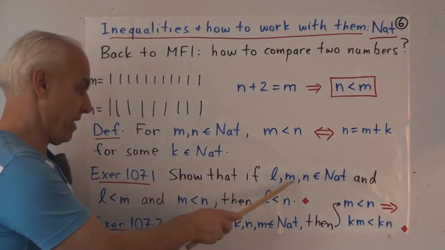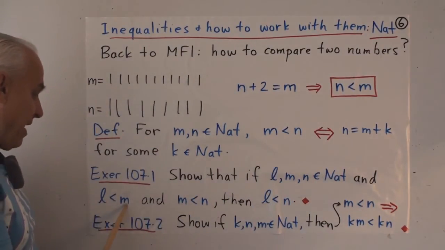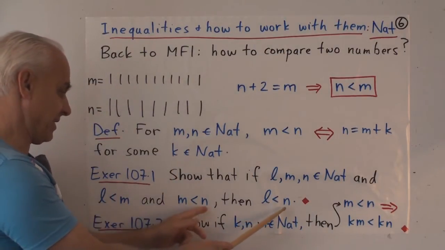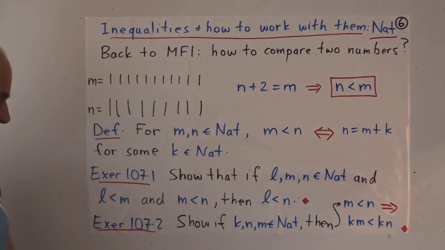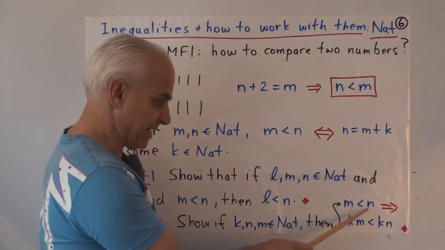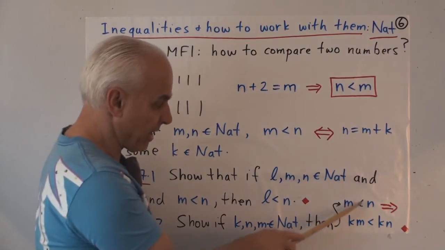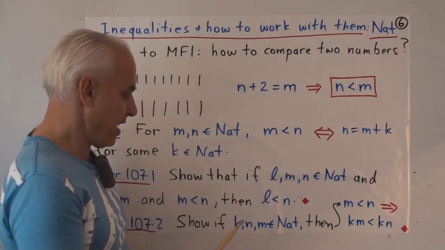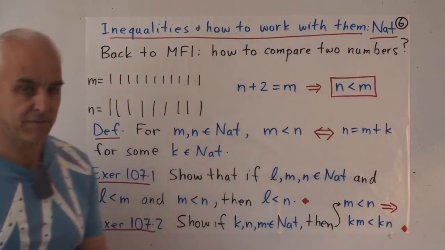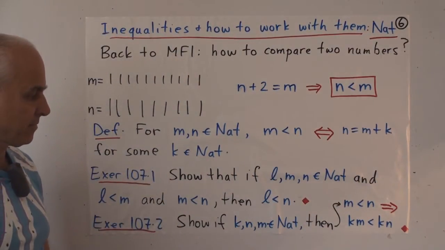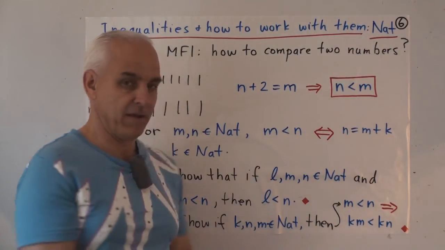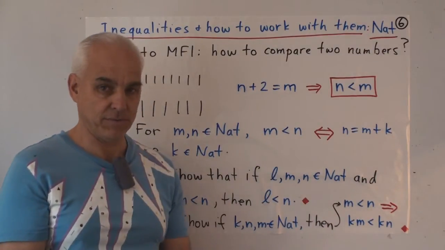So show that if L, M, and N are natural numbers, and L is less than M, and M is less than N, then L is less than N. Similarly, show that if we have 3 natural numbers, K, N, and M, then if M is less than N, and we multiply both of them by K, then K times M is less than K times N. In fact, you could also show that K plus M is less than K plus N. That's probably something else we should include as something to do.